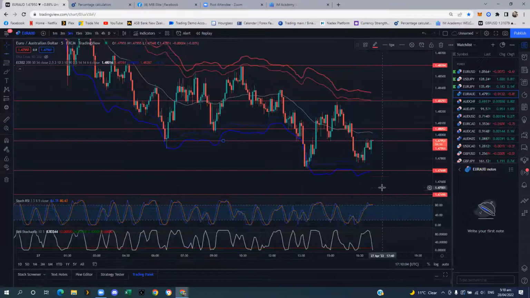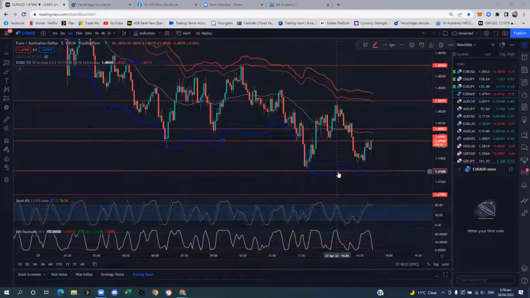Now a lot of the educators will talk about support and resistance, support being the bottom and resistance being if it bounces off the top. So support being the floor and resistance being the ceiling. For me, I just talk about resistance lines and support lines.